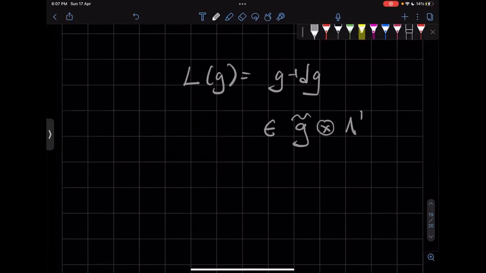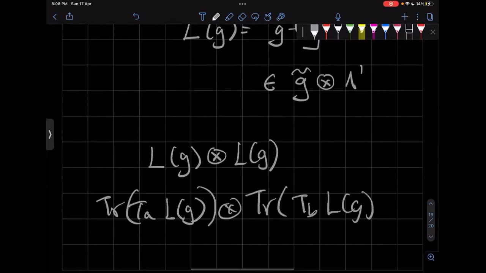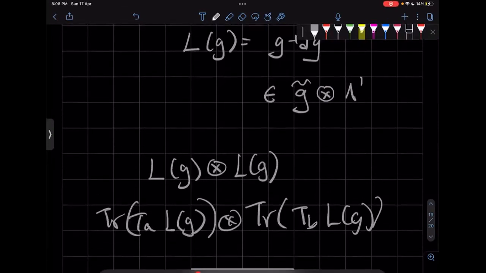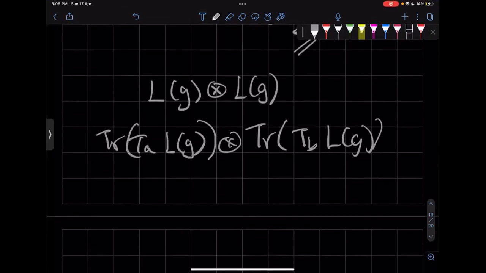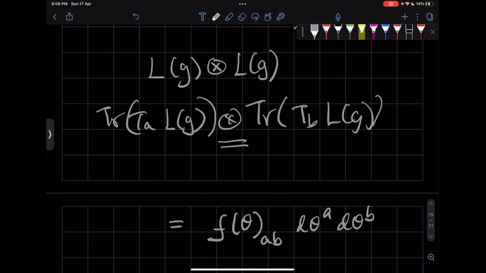Now, if I take two of these and trace T_A with this one and T_B with this one, I'm getting a pure one form, essentially a function of the angles, A B, delta theta A delta theta B. We take this to be the symmetric product.